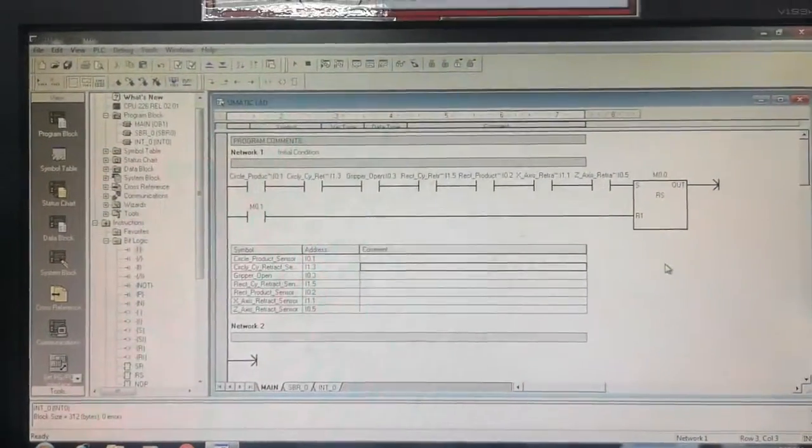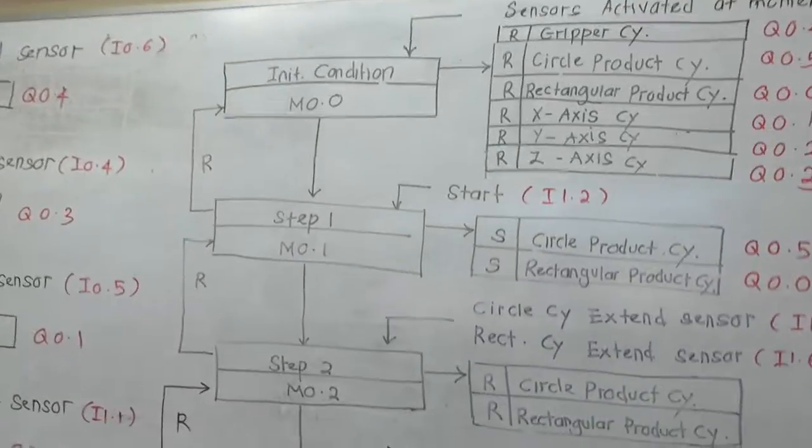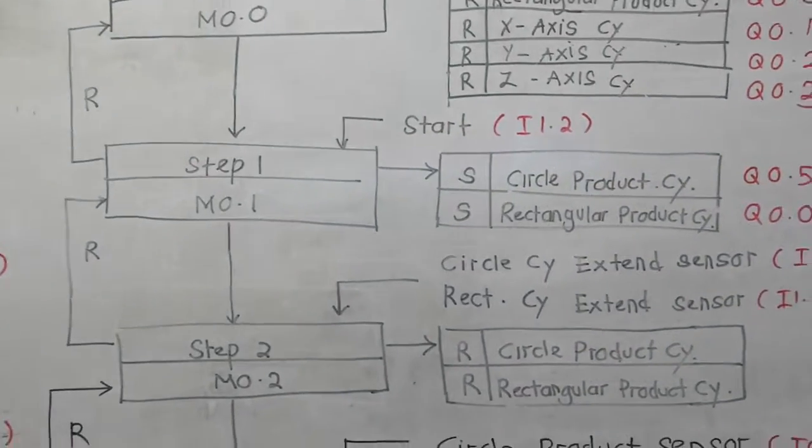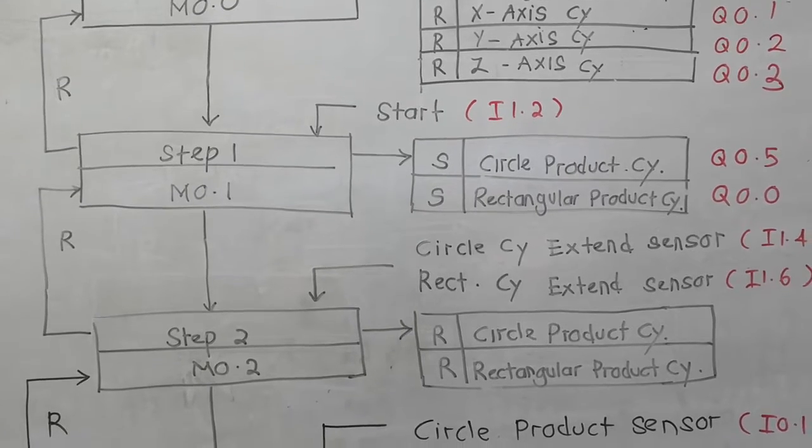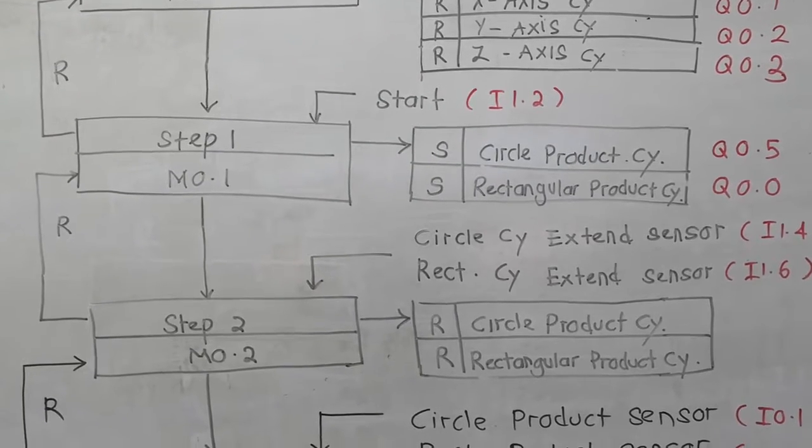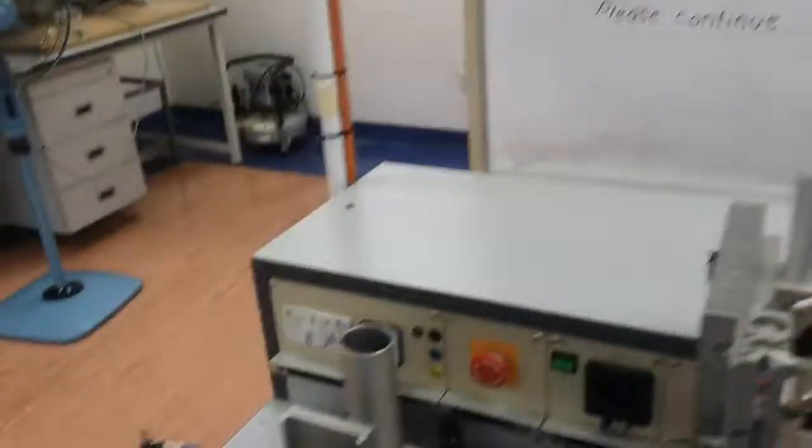Alright, so once we completed the initial condition, the next step is step 1. For step 1, the start button will be the input, and it must trigger this cylinder.